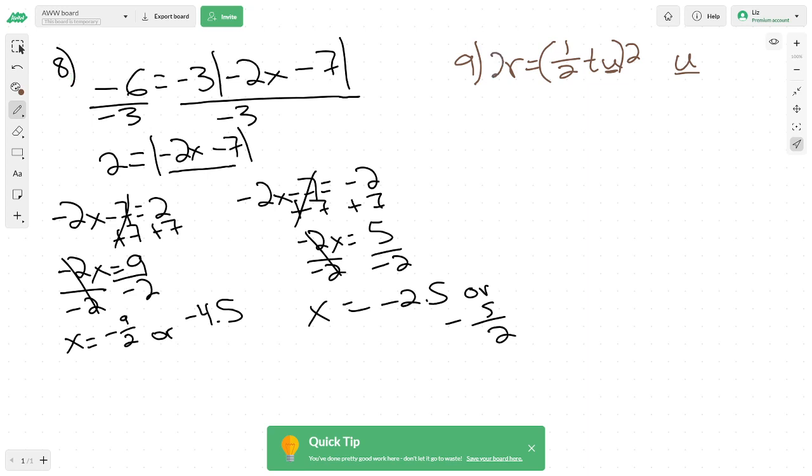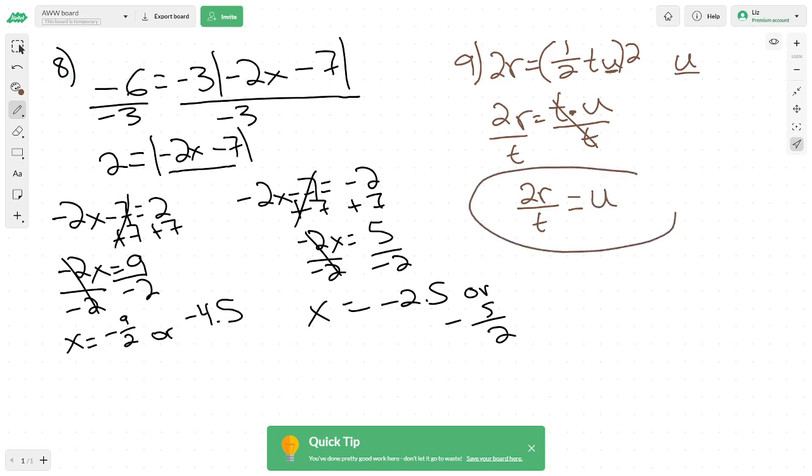I'm going to multiply both sides by 2. And I get 2r equals t times u. And then I'm seeing that they're being multiplied together, so I'm going to divide. So 2 times r over t equals u. And that is my final answer.